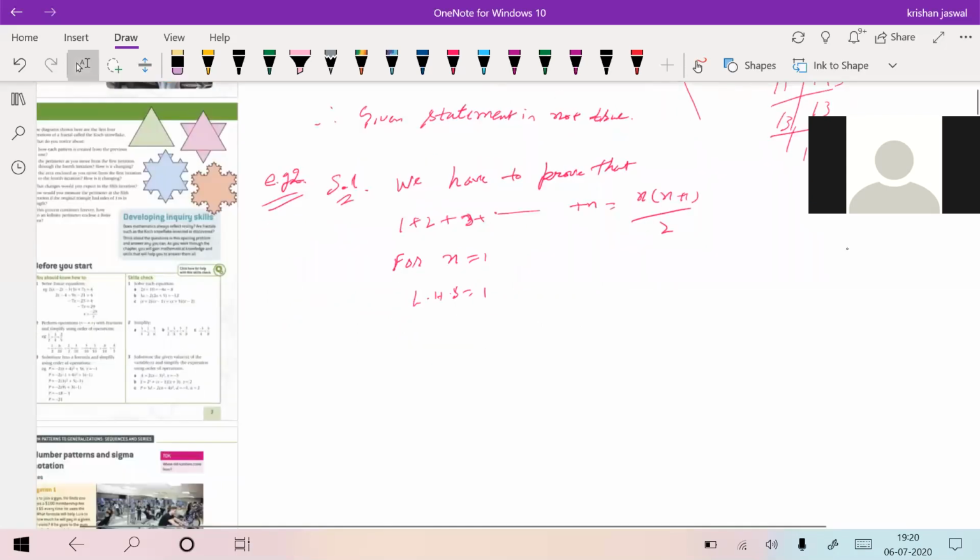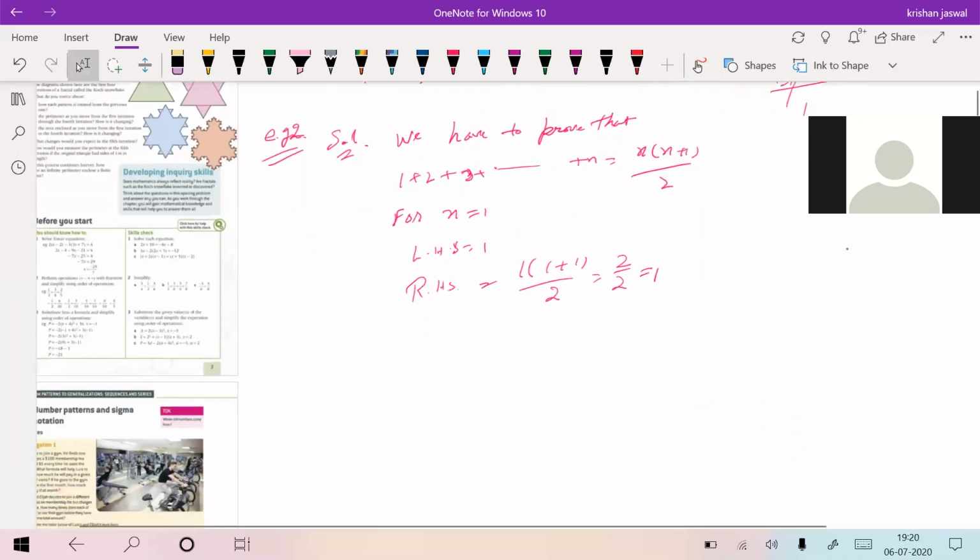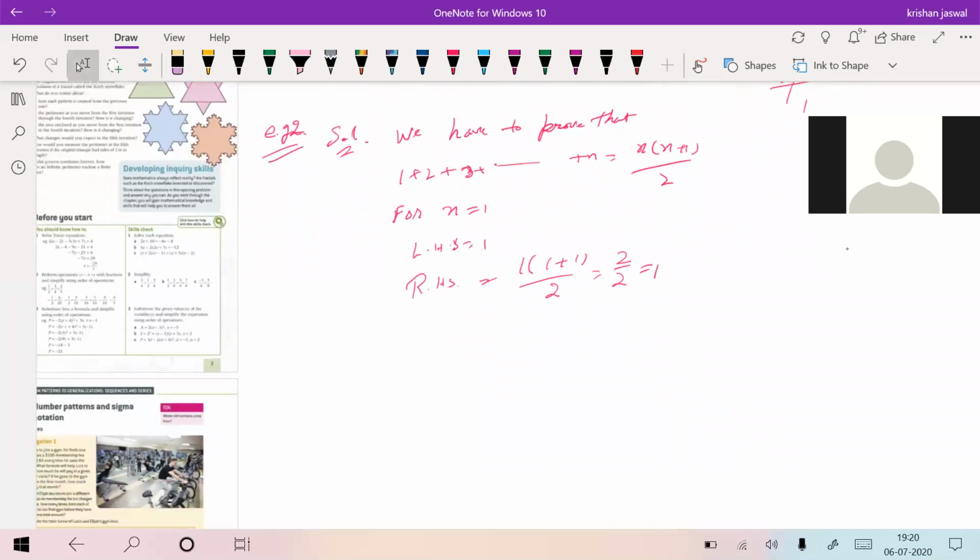If we check the right hand side, it is equal to 1 into 1 plus 1 over 2, which is 2 over 2, equal to 1. Therefore, left hand side is equal to right hand side.